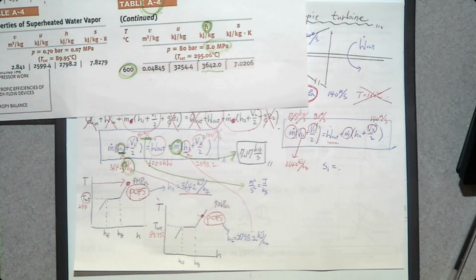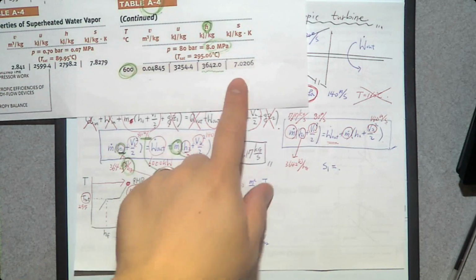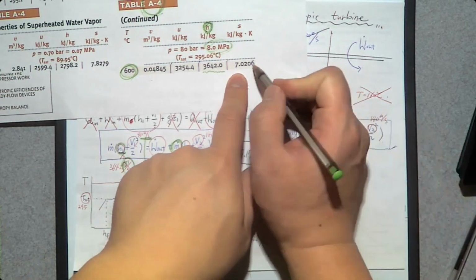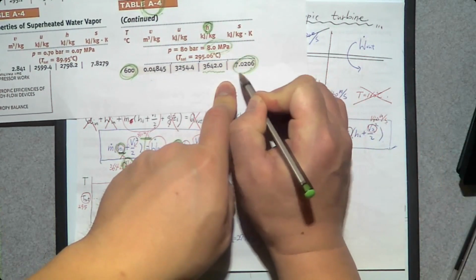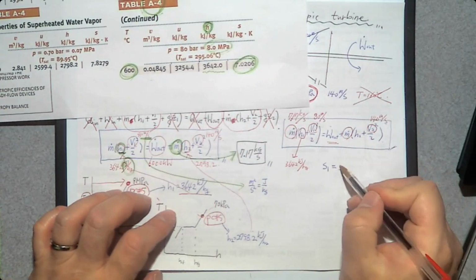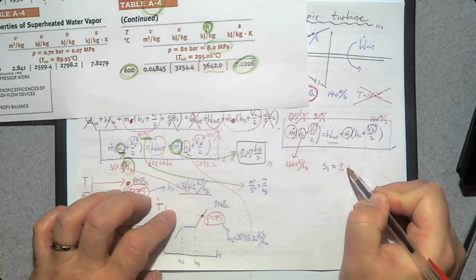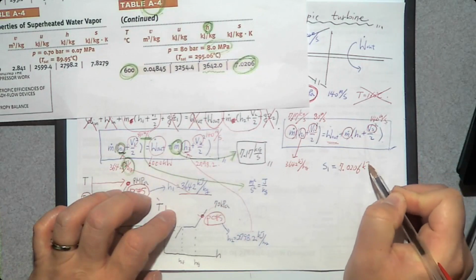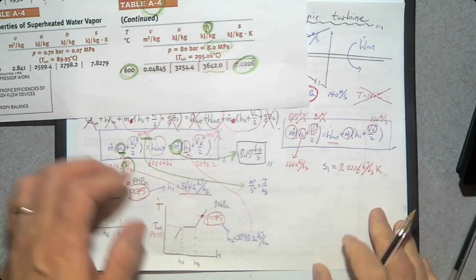Yes, this one: 7.0206. This one is the specific entropy at the inlet. So S1 is going to be 7.0206 kilojoule per kilogram Kelvin.